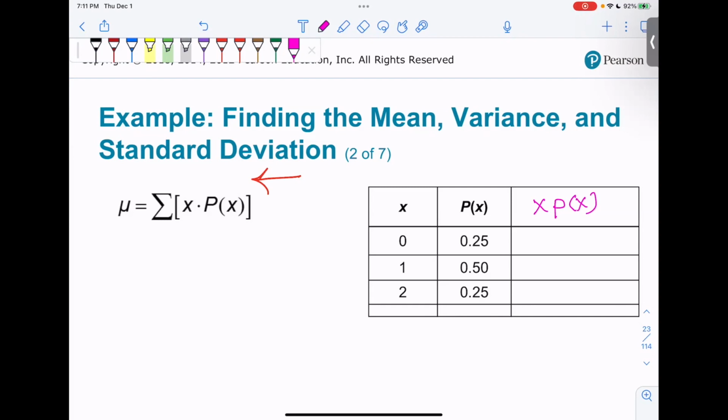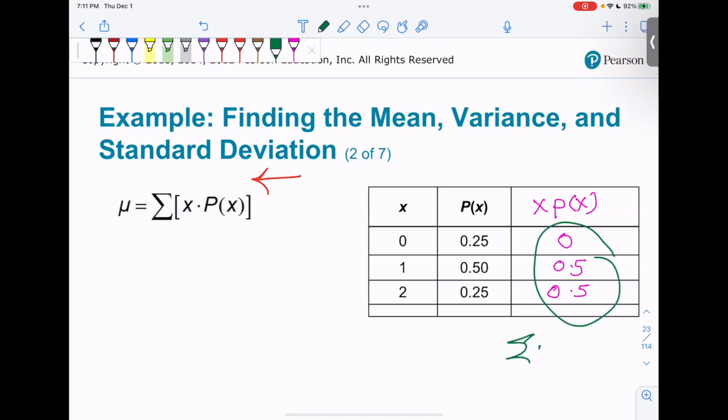So here, I get X times probability of X. The first one will be 0. The second one, 0.5. And the third one, 2 times 0.5. Now we have them. The next step, summation. So take the summation of those.